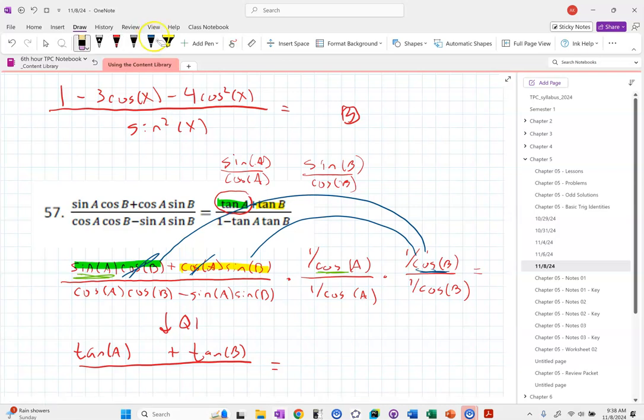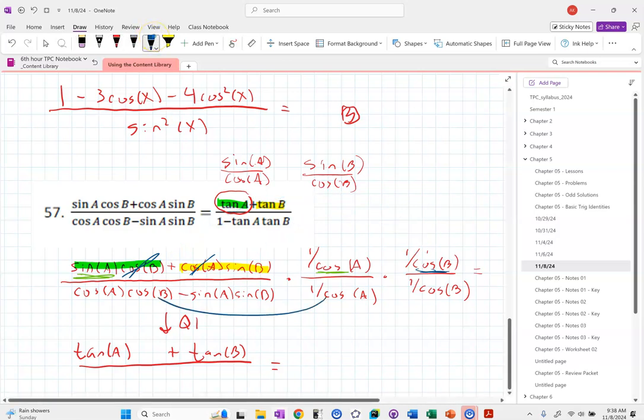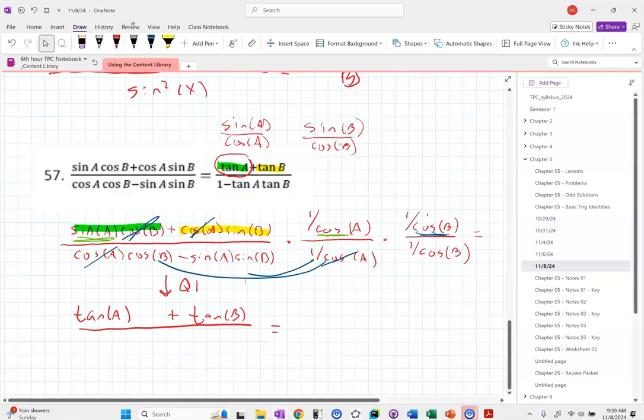All right, let's see what happens when we deal with the denominators. So when I multiply here, the cosine A's are going to cancel. And when I multiply here, well, sine A over cosine A is going to make tan A, right? Okay, so I do that.